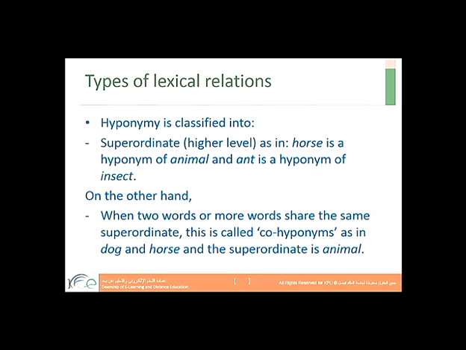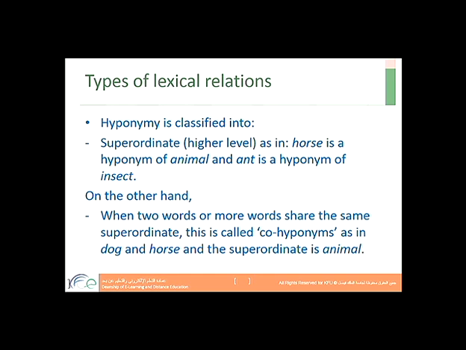Hyponymy is classified into two types. We have what is known as superordinate, which comes at the first level, or at a higher level, as for example animal. So horse is a hyponym of animal, and ant is a hyponym of insect.